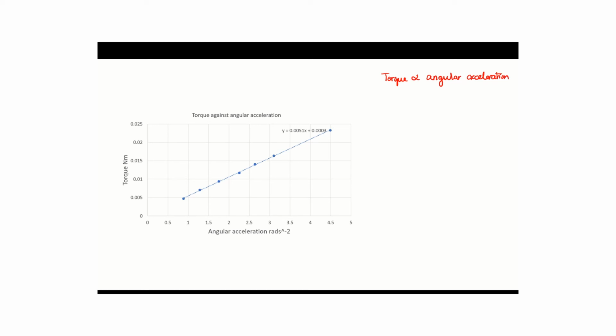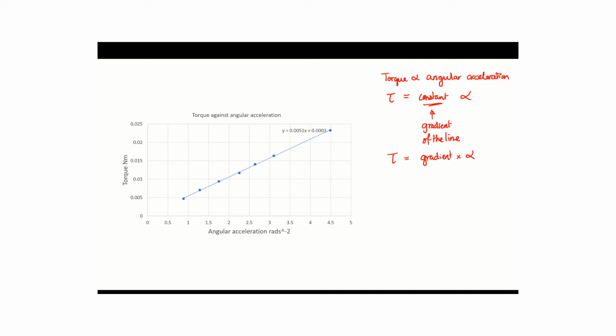We can say that the torque equals some sort of constant times the angular acceleration. This constant is the gradient of the line. So torque equals the gradient multiplied by alpha.